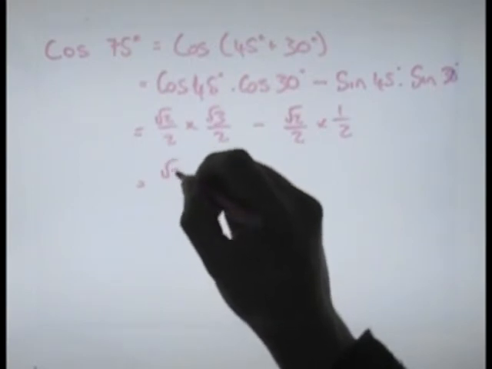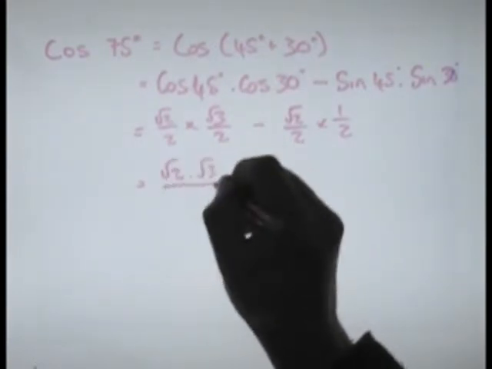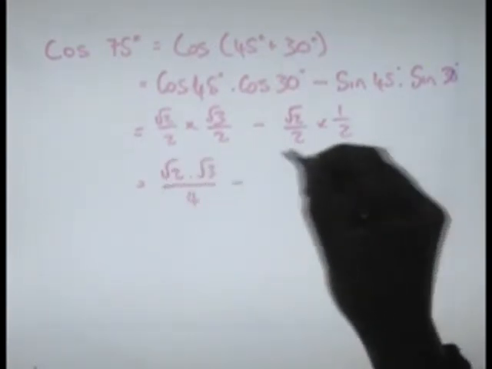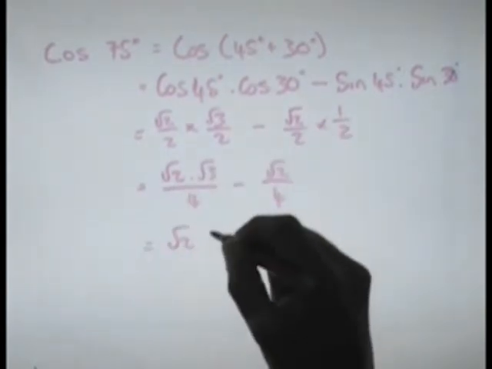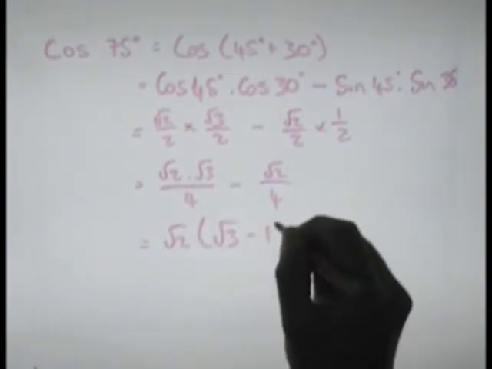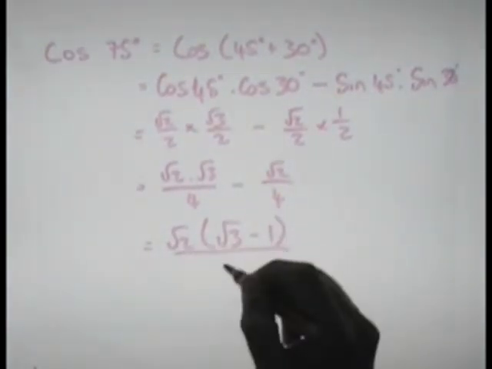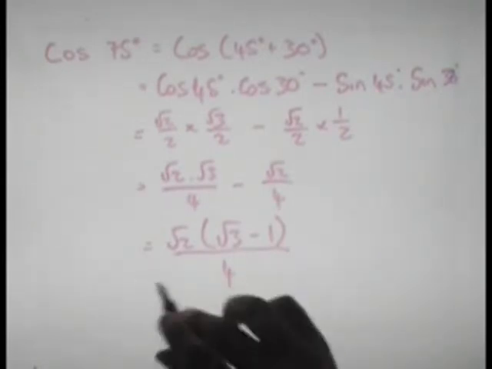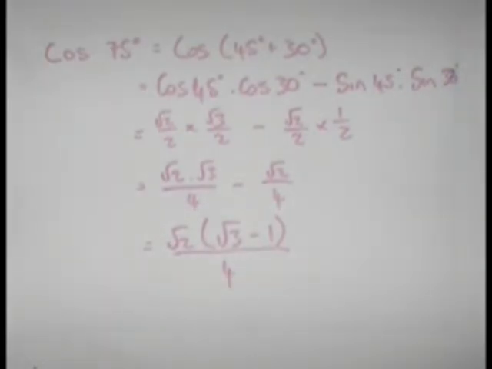This is going to give us root 2 times root 3, I'm just going to leave it as that, over 4 minus root 2 over 4, common factor of root 2, which will leave us with root 2 multiplied by root 3 minus 1 over 4, and that's the answer.